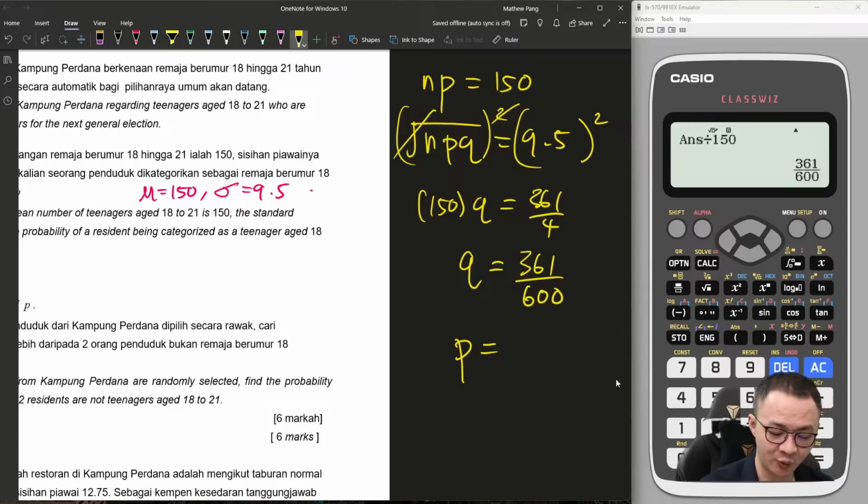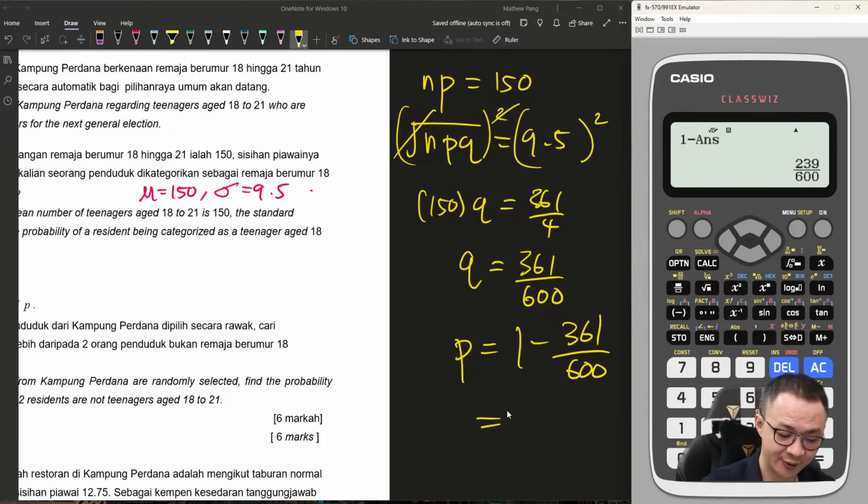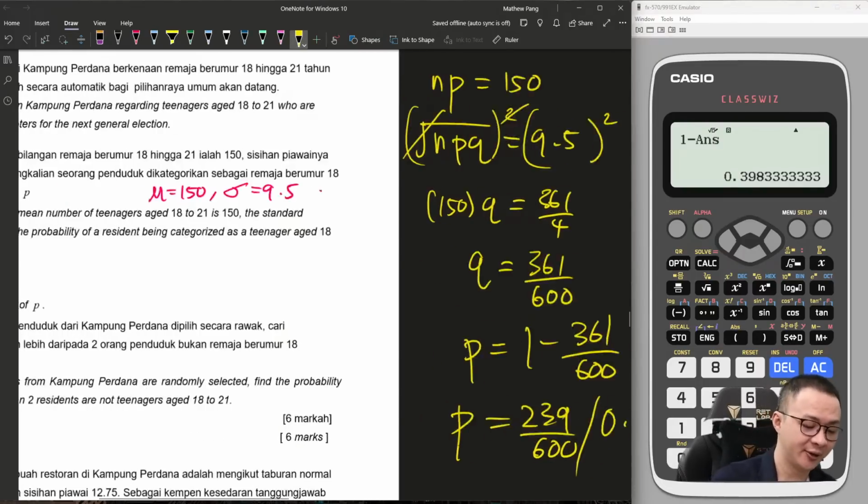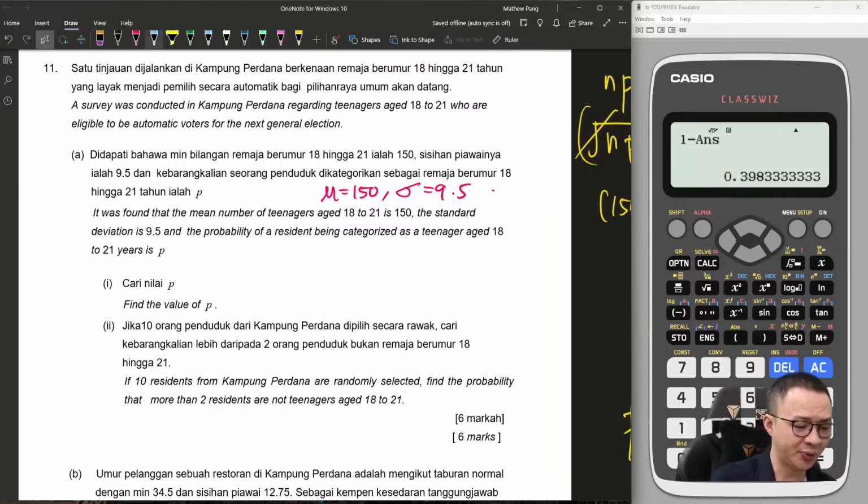Then P is 1 minus Q, isn't it? 1 minus the answer is 239 over 600. Or if you prefer decimal, you can take the decimal, 0.3983. Okay, this is how you get P. Not too bad for maybe 2, 2 to 3 marks.